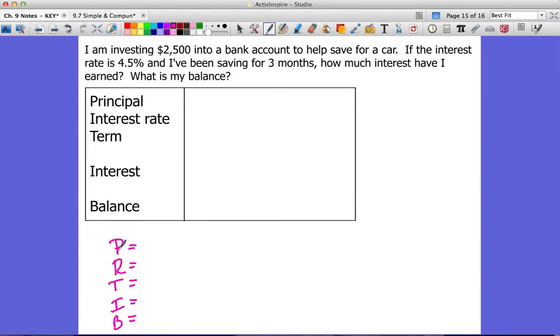So in your post, it should be P equals, R equals, T equals, I equals, and B equals. Don't forget to use your correct symbols. So rate should have a percentage. Principal should have a $ sign. Time should be labeled.